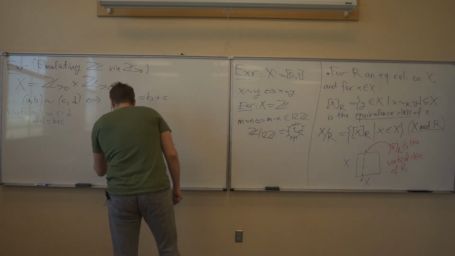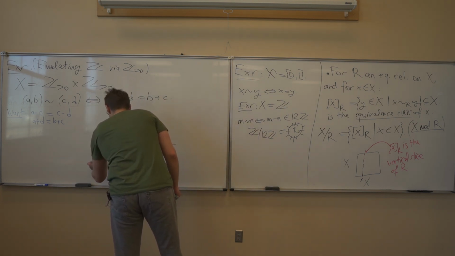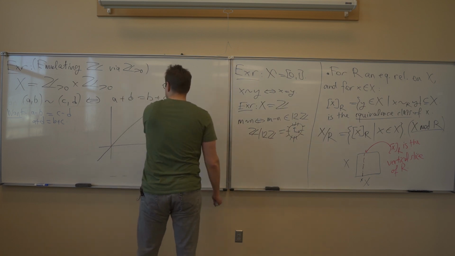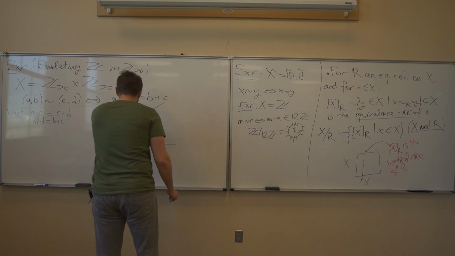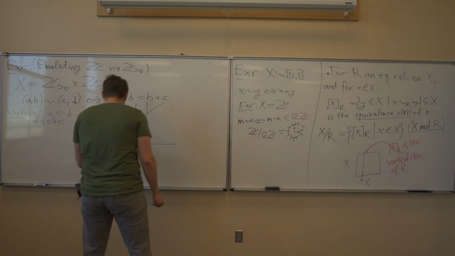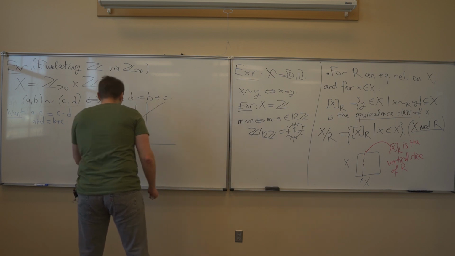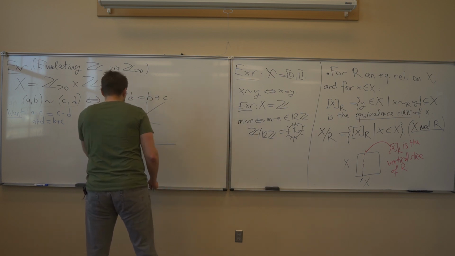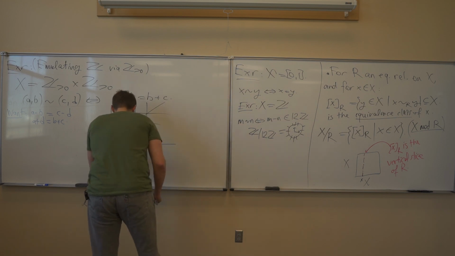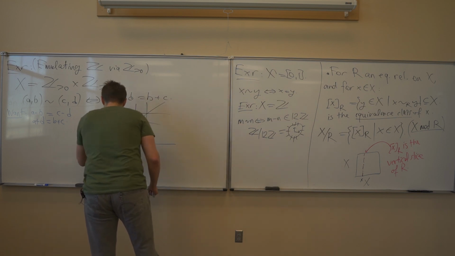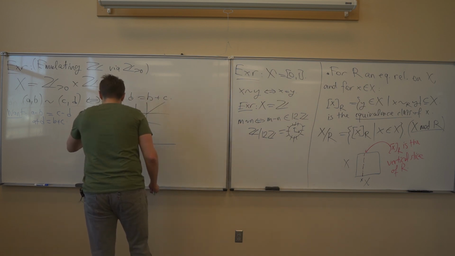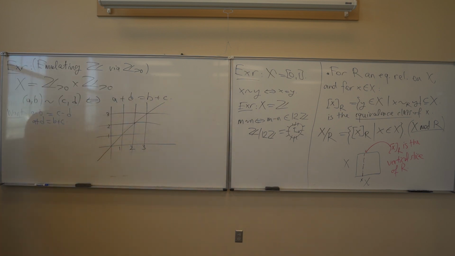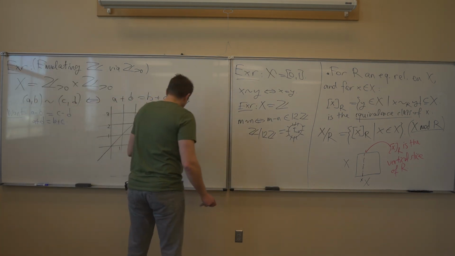And so what I can do is this. So here is, let's draw it like this. This is the main diagonal. Here's 1, 2, 3, and so on. And then here's this, this, this. 1, 2, 3. Okay, so this is the first coordinate, x coordinate.